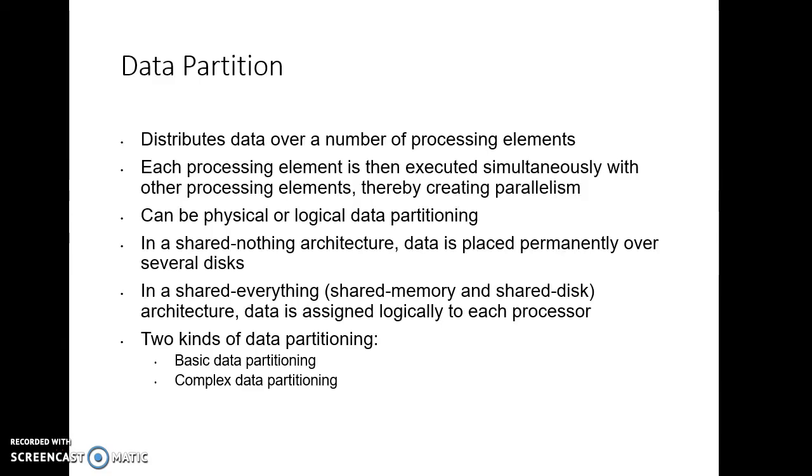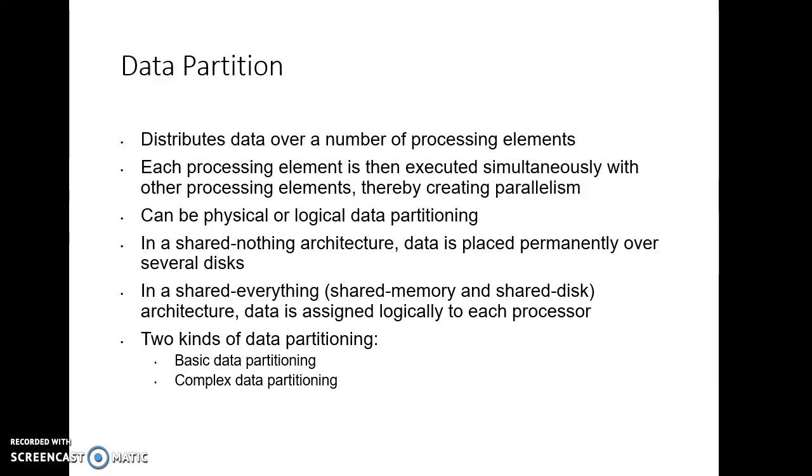In shared everything architecture, data is assigned logically to each processor. The shared nothing architecture and shared everything architecture are the two types of parallel processing architecture. Again, partitioning can be of two types: basic data partitioning and complex data partitioning.